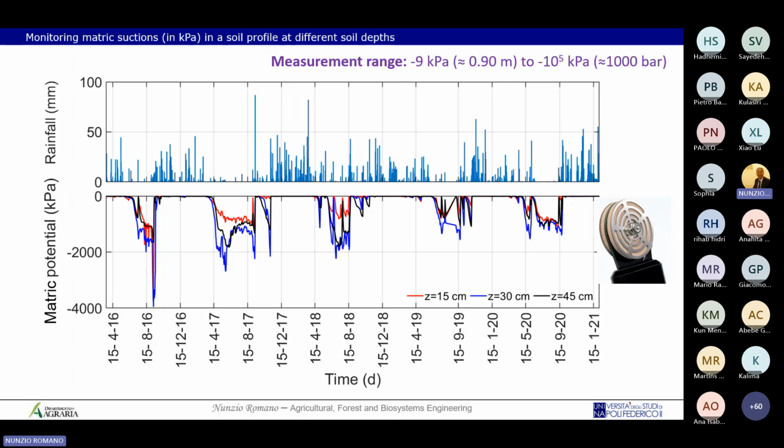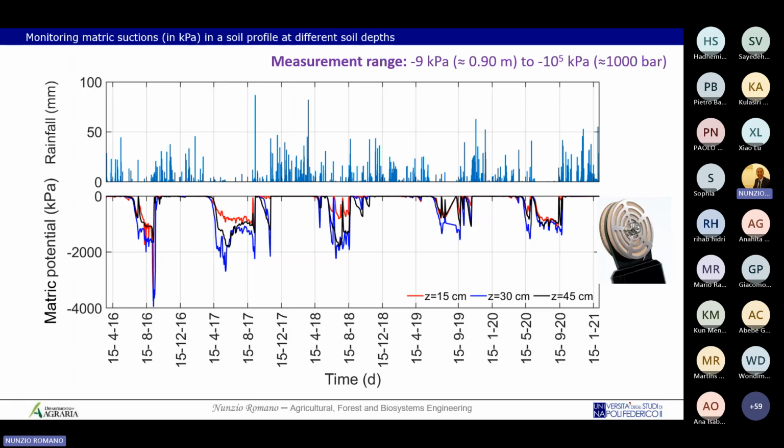Actually, the sensors start measuring the suction from 9 kilopascal, about 1 meter of water into the soil.